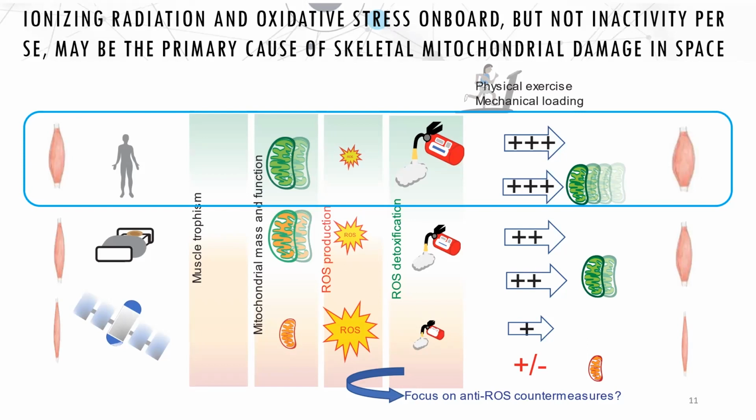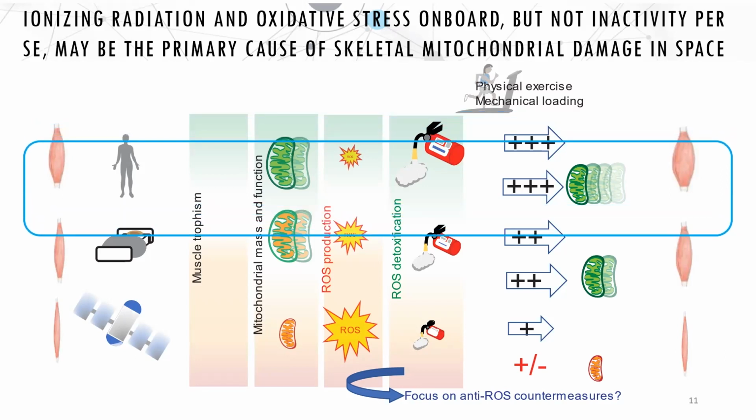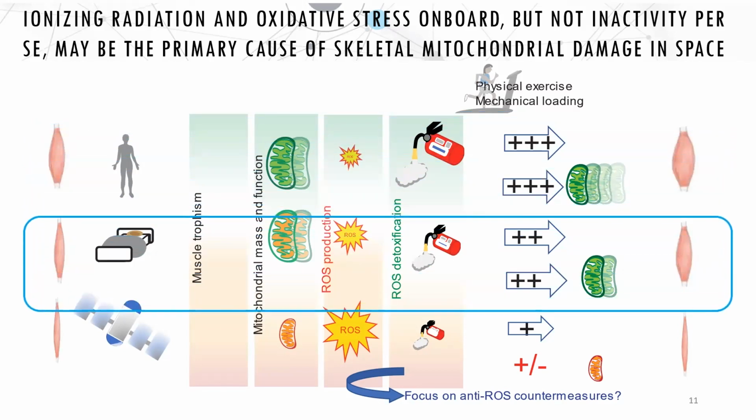If we train, we have muscle hypertrophy and mitochondrial biogenesis. That works. If we are inactive on Earth, and we have seen it yesterday and today, we have partial mitochondrial dysfunction, we have more ROS production, but if we insert exercise into bouts of inactivity, we rescue mitochondria and muscle mass.